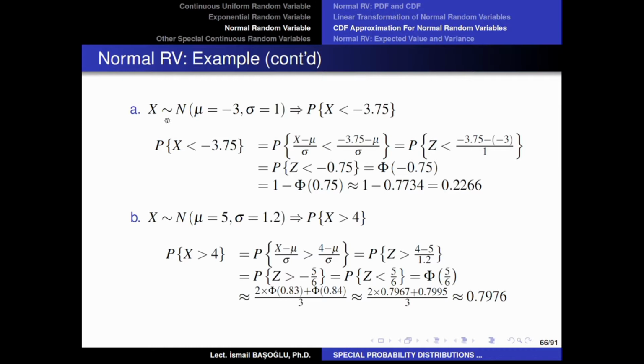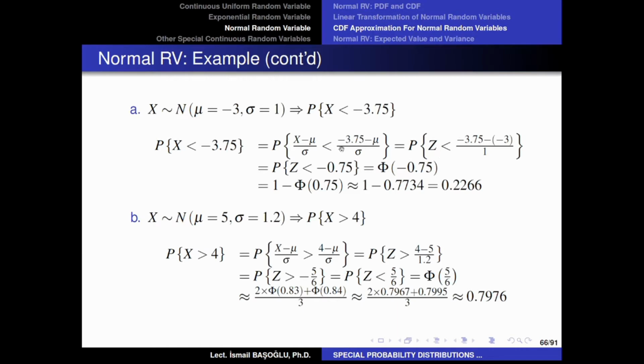For part A, my probability statement is related to a non-standard normal random variable with parameters -3 and 1. I subtract the location parameter and divide the difference by the scale parameter. The left-hand side of this inequality will automatically become a standard normal random variable, according to proposition 2.